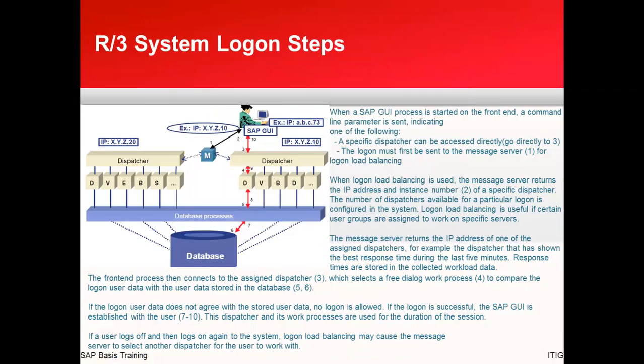In case the user is doing a printing activity, it will go to the work process called S. So the dispatcher will keep track of what activity is being performed by the user. Accordingly, the dispatcher will redirect it to the right work process.